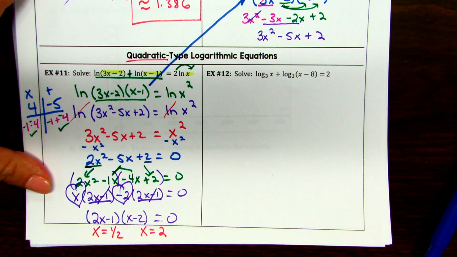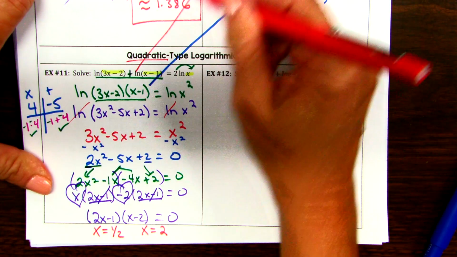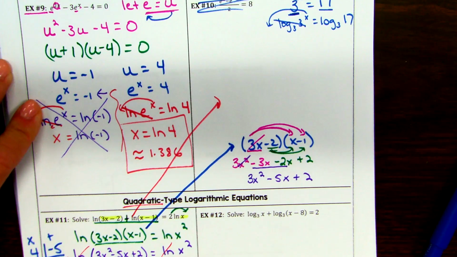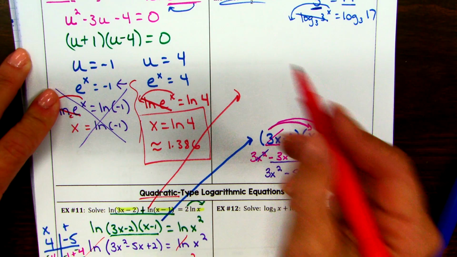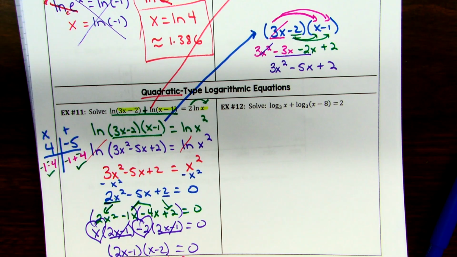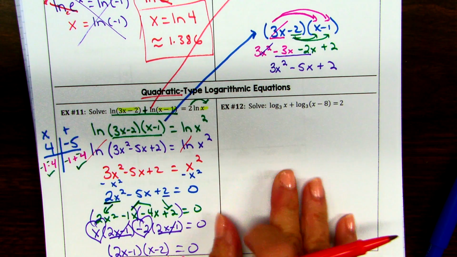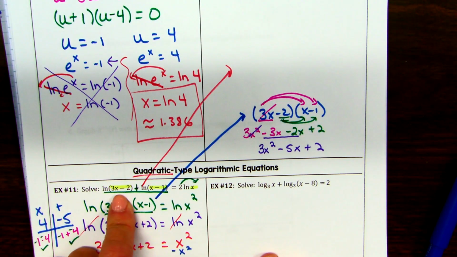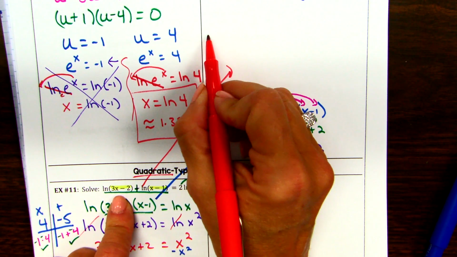So I'm going to use this space over here. Someone looks at my notes without the video, they're going to be like, what the heck is she doing? So remember, it's not that x has to be positive, it's that whatever you plug in here, and simplify it, is positive. So that's why you see me doing this.